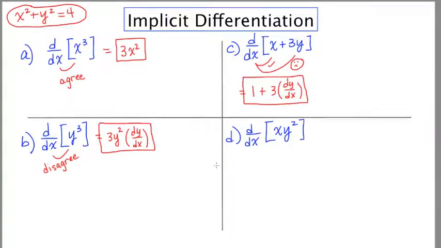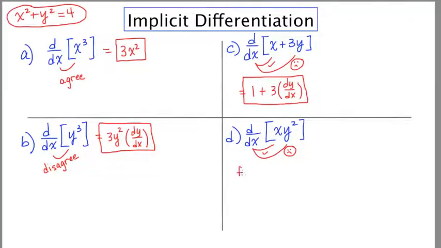For our final example, we have a product. The first factor is in terms of x, so that's fine. And then the second factor is in terms of y, so we're going to need to use implicit differentiation. And maybe this doesn't deserve the sad face, maybe it's just not that big of a deal.